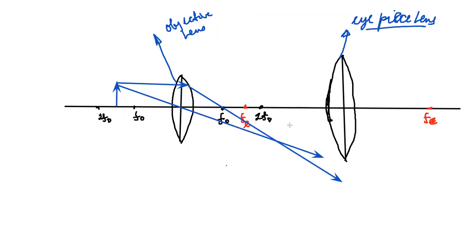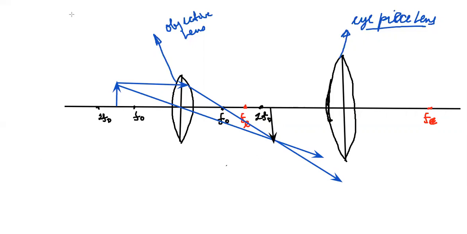Beyond twice FO means it is between the optical center of the eyepiece lens and the focus of the eyepiece lens. So if I try to draw the image like this, this will be the image.